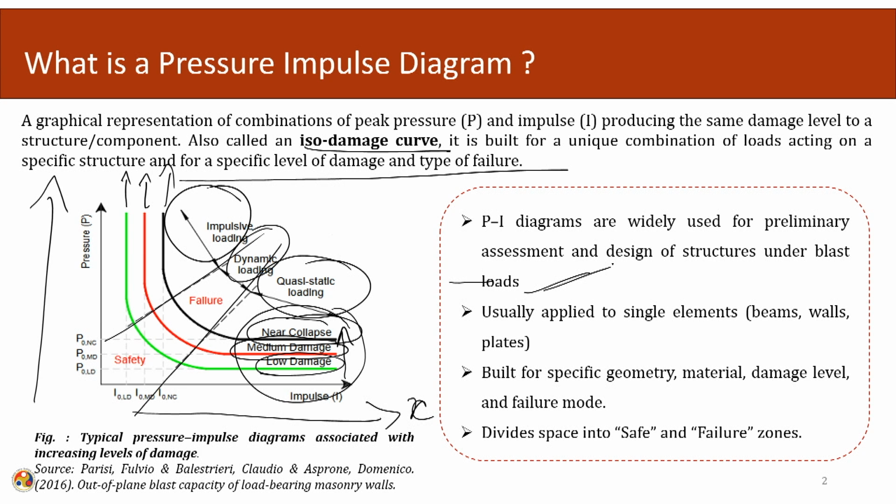They are normally applied to a single element, such as a beam, wall, or plate element, and are built for a specific geometry, material, damage level and failure mode. They divide the space into safe and failure zones. If the intensity is below the green line, it is the safe zone. If it is above the black line, it is the failure zone. Here we are showing a typical pressure impulse diagram.